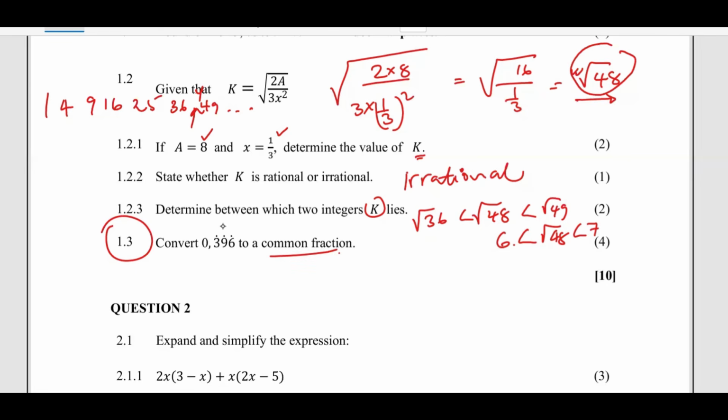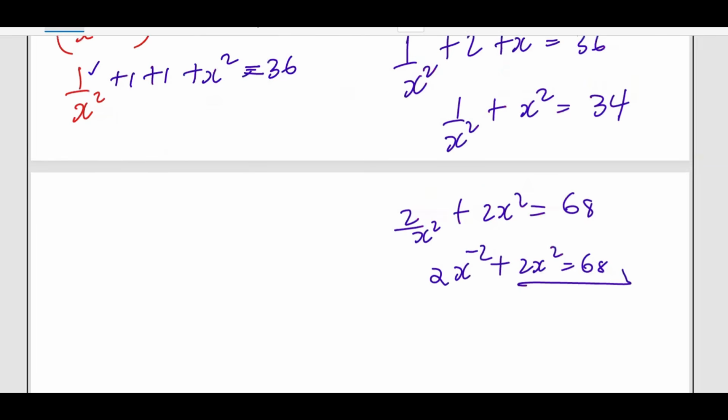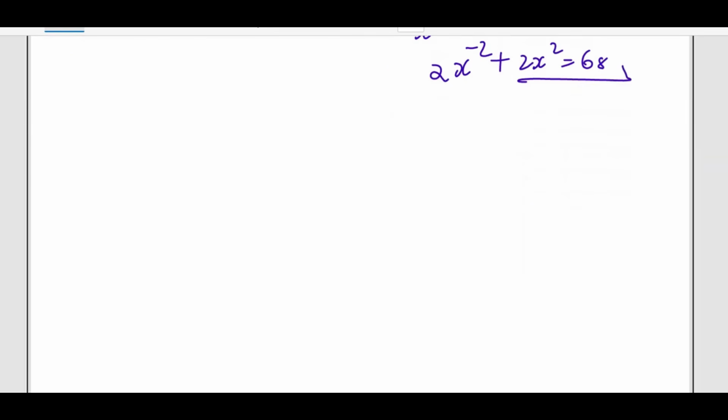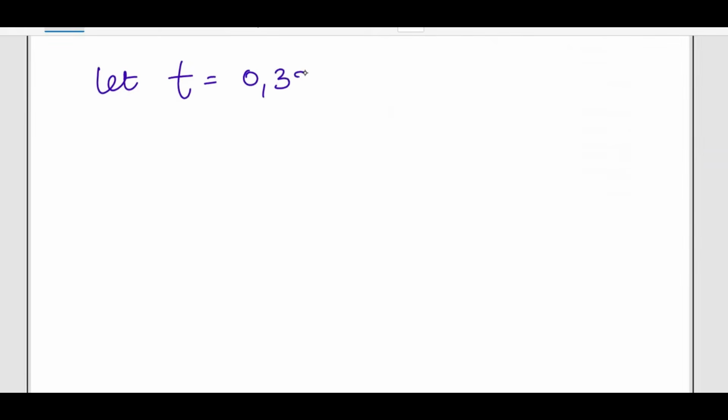Convert 0.396 recurring to a common fraction. So 3, 9, and 6, they are recurring. So what did we say we do? We're having 3 numbers that are recurring. So let t be equivalent to 0.396396, and so on.